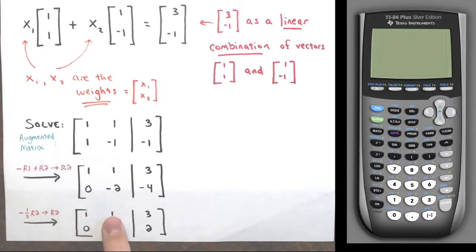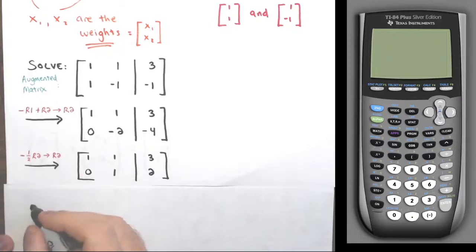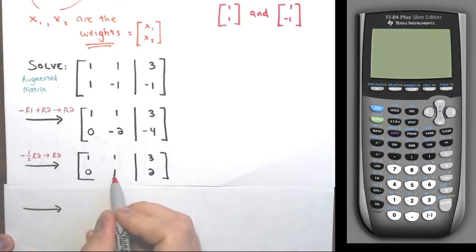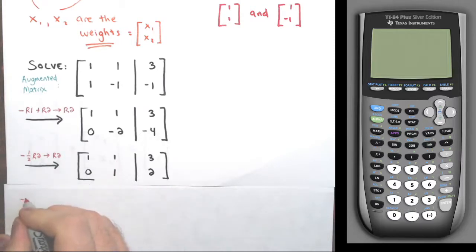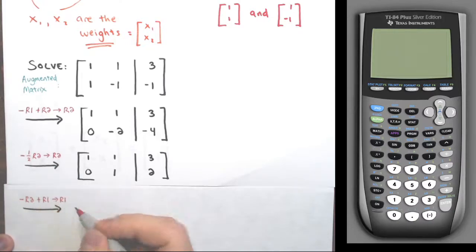I would like a 0 above that lead 1 in row 2 to get it in reduced echelon form. So the final operation to put it in reduced row echelon form, I would need to multiply this by -1 and then add it to this to make that 0. So -1 times row 2, add those entries to row 1 to give me new row 1 entries.